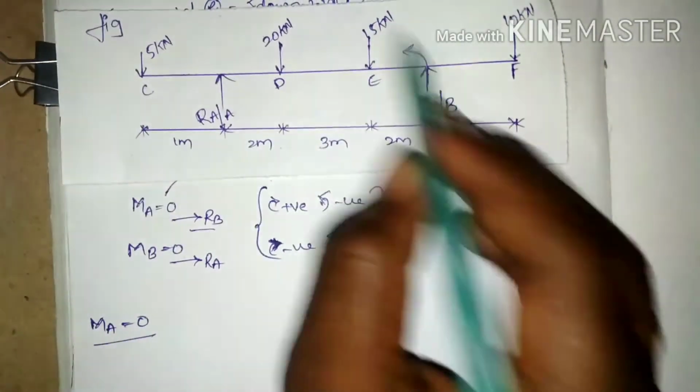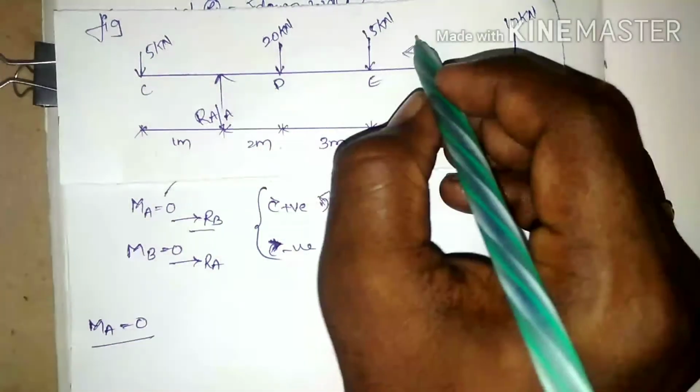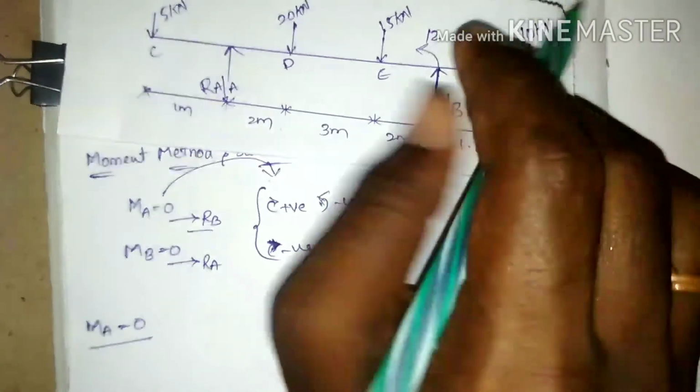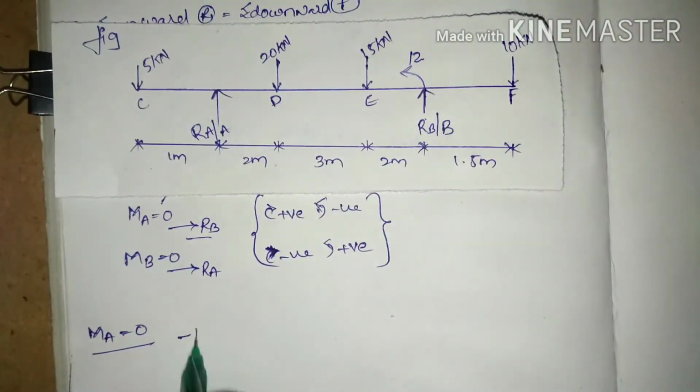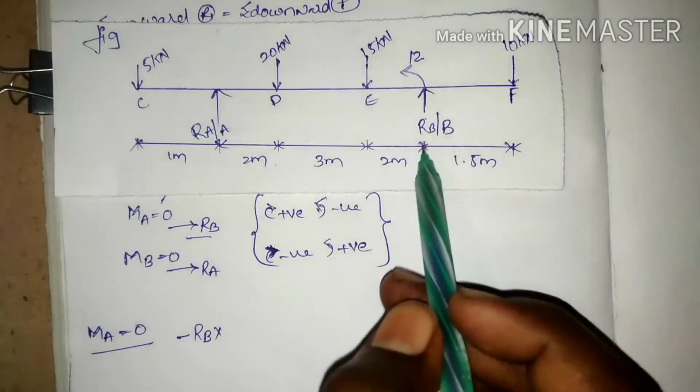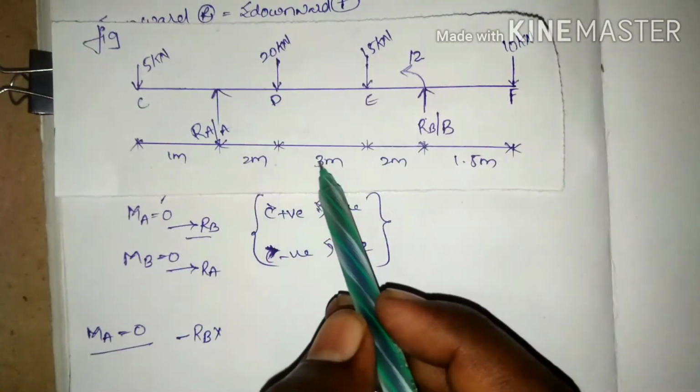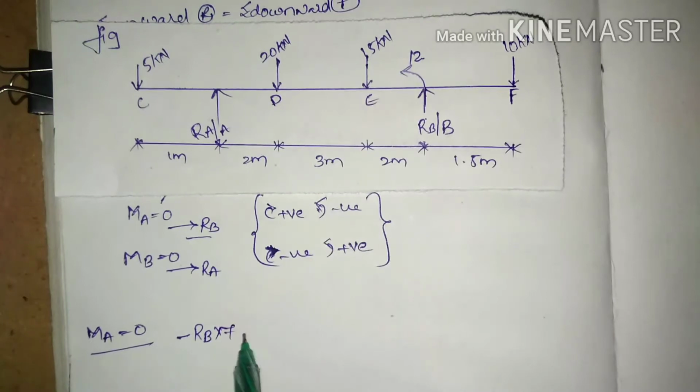If you consider it as a clock, it is going to take the moments in the anti-clockwise direction, so negative: minus RB, the distance from A to B is 5, 7, and next positive.